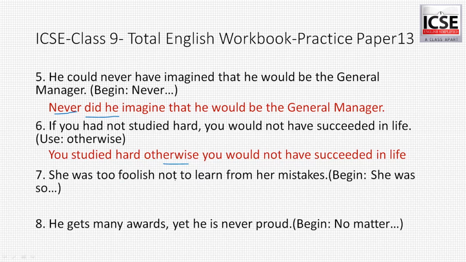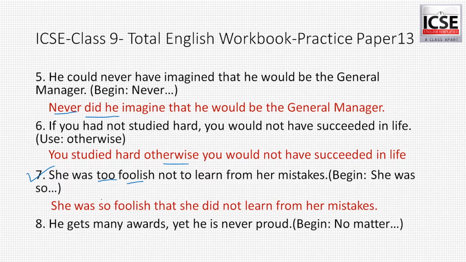She was too foolish not to learn from her mistakes. Begin, she was so. Now this is one sentence which comes very often in the exams. Simply remember, if you have a sentence with too followed by an adjective, okay, so the best way of changing this is use the sentence structure so dash that.